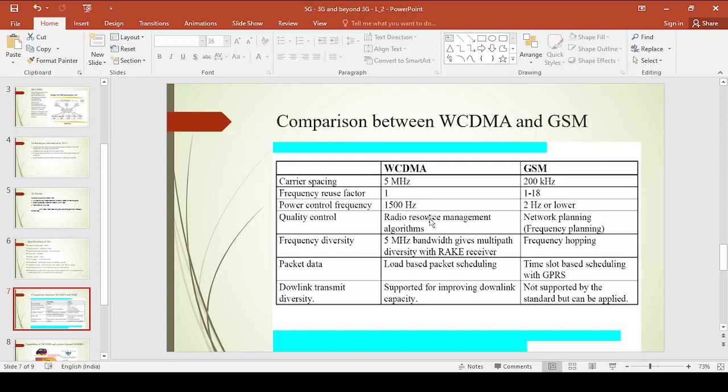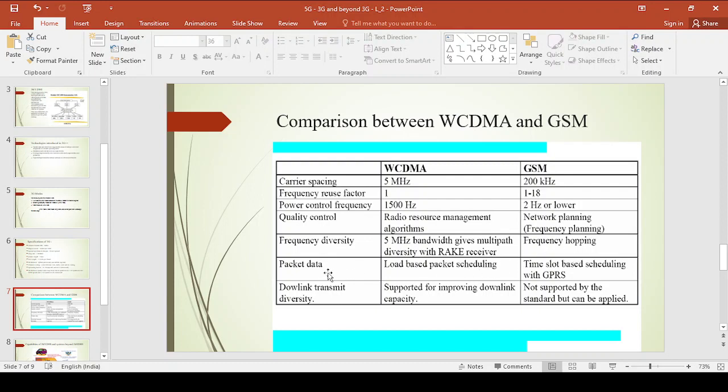Under WCDMA, quality control is done by the radio resource management algorithms, and under GSM quality control is done by network planning or frequency planning. Now coming to the next term, we have frequency diversity, right? Frequency diversity gives multipath diversity with rake receiver under WCDMA, and frequency hopping under GSM.